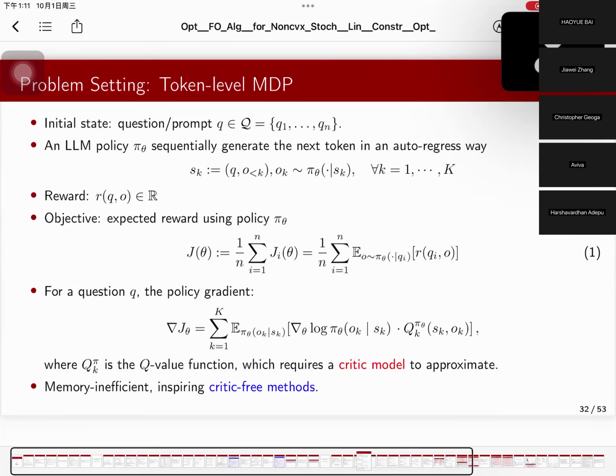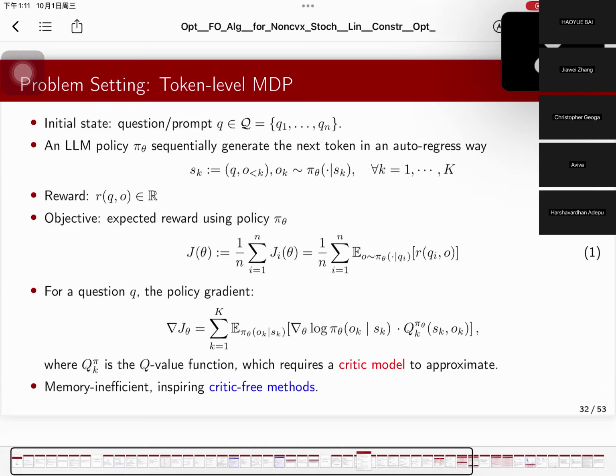Before that, let's define the problem setting. Suppose we have a prompt or a question q. We want to learn policies to generate the next token sequentially, and we want to maximize the accumulated reward. Usually we can use the policy gradient method. The policy gradient is given here.